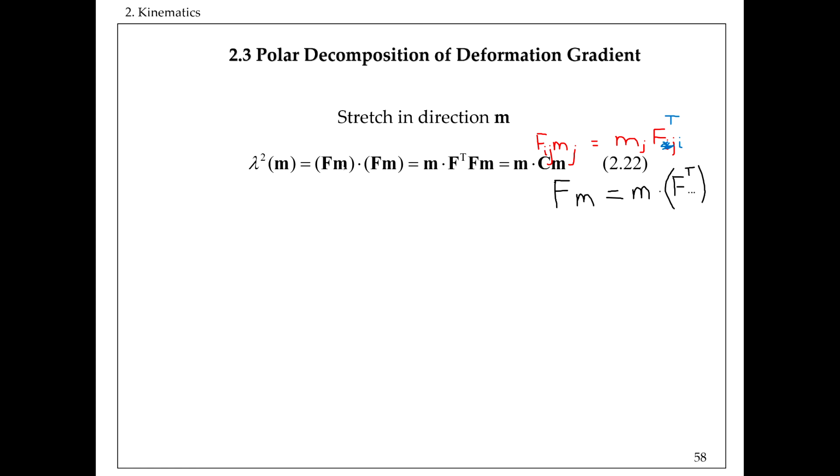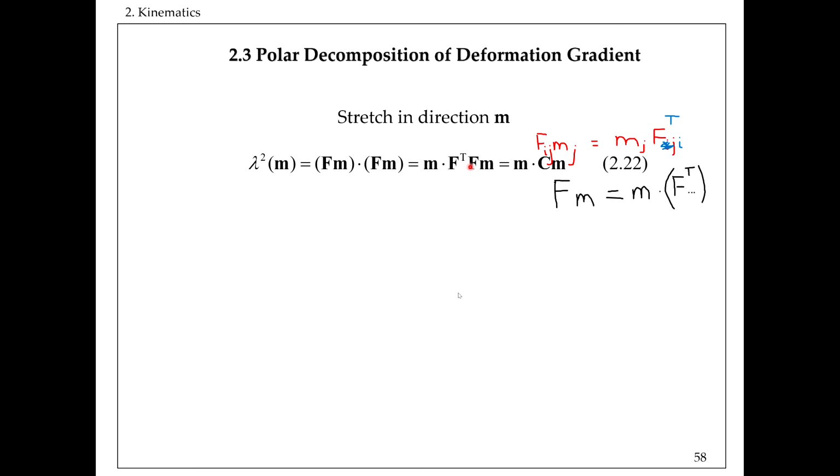Okay, so with that we can continue and write it like that. Again, what we did was basically just change the first part of this multiplication, fm, which became m dot f transpose, and the other part, fm, didn't change. Now we have here in the center f transpose f.